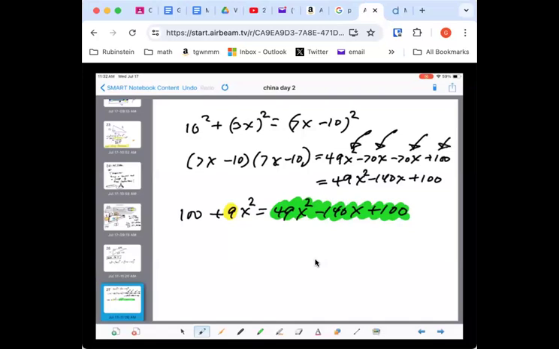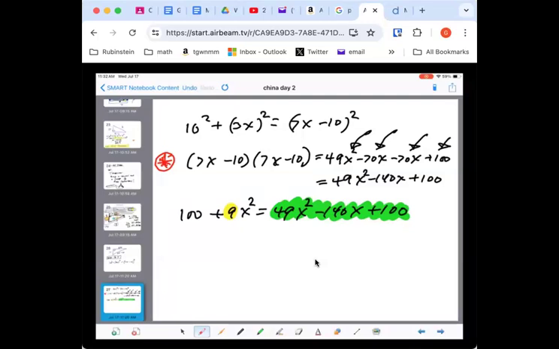For those people who haven't done algebra in a while, this is a skill you're going to need if this question comes up on the final. So it's something you're going to add to your list of refreshing my algebra skills: multiplying 7x minus 10 times 7x minus 10.